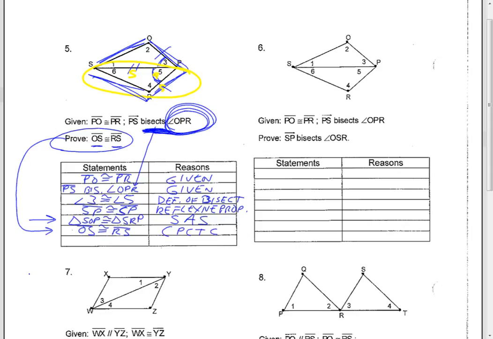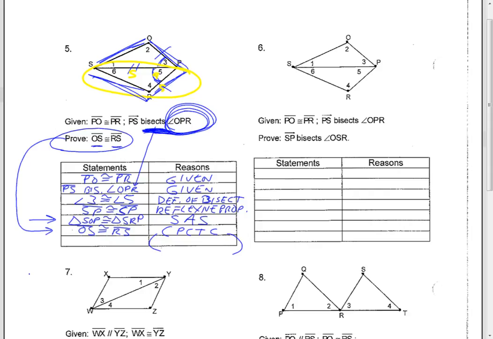Instead of saying, since the two big triangles are exactly the same, all their little components are the same, you write CPCTC. If you want to write out that whole big sentence, you'll get credit for it, but there's no need for it. What's an alternative that might show up on an SOL test besides CPCTC?